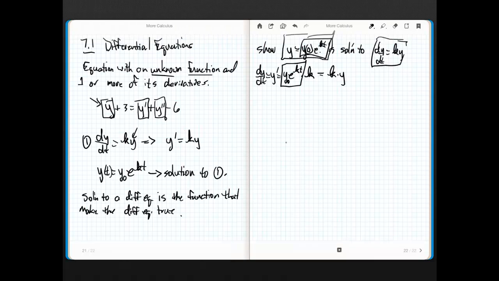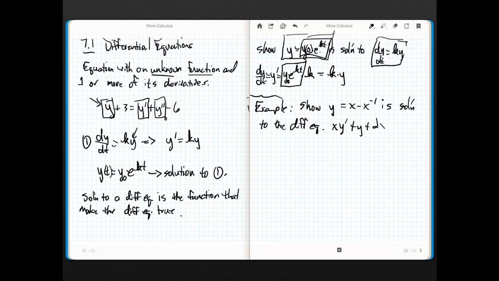Let's do another one, just for giggles. Let's do an example. All right. We're going to show y equals x minus x to the negative 1 is a solution to the diff-EQ x y prime plus y equals 2x.